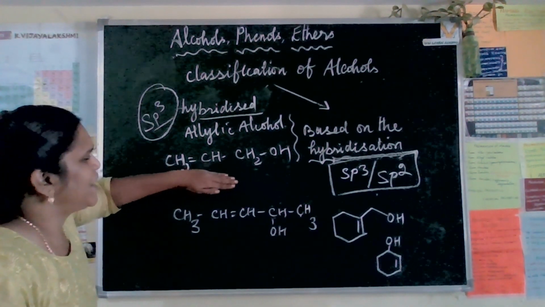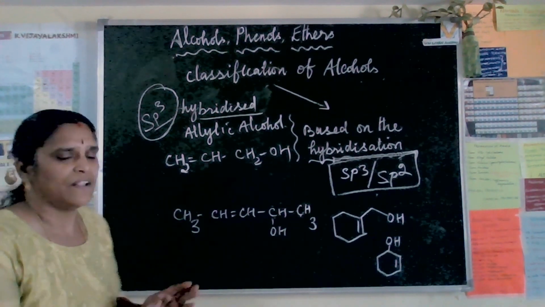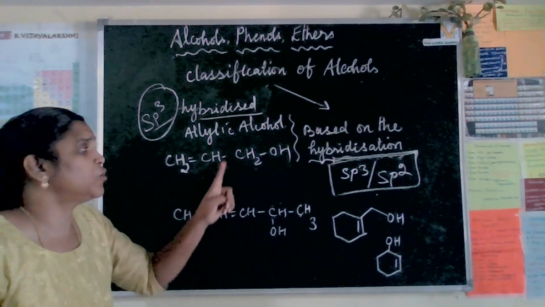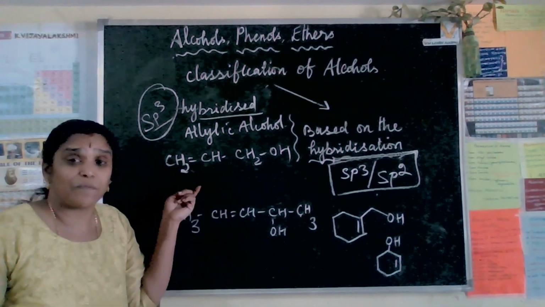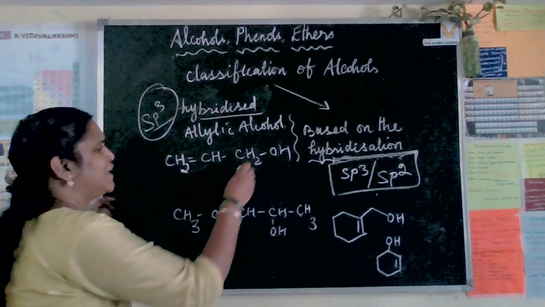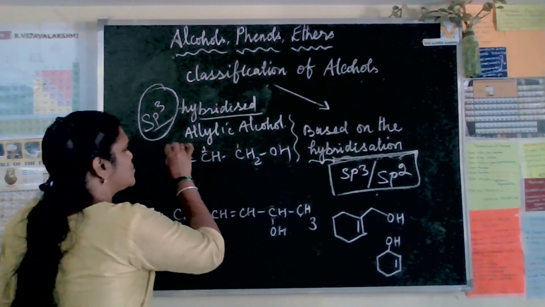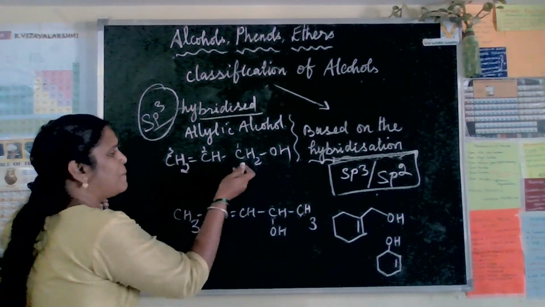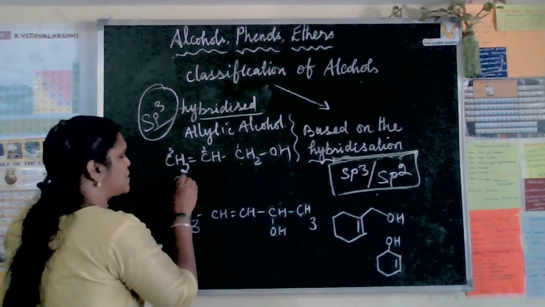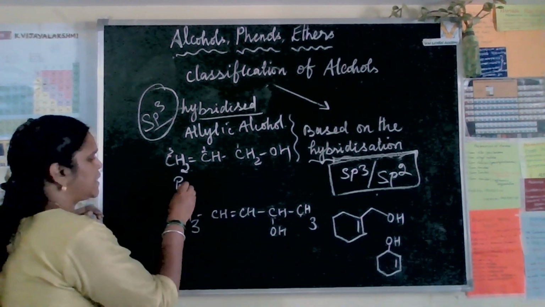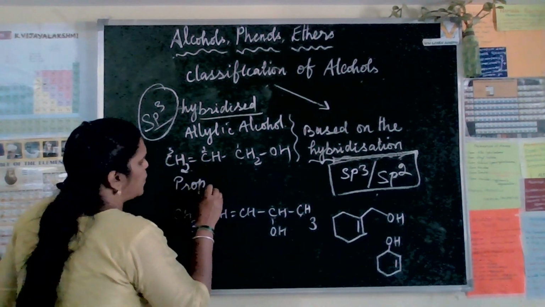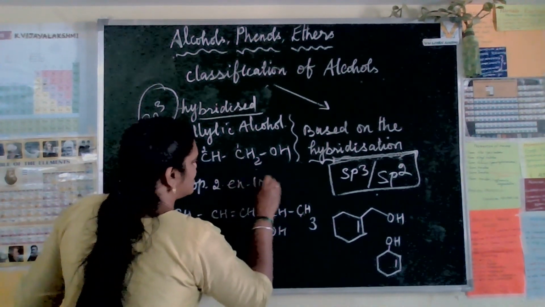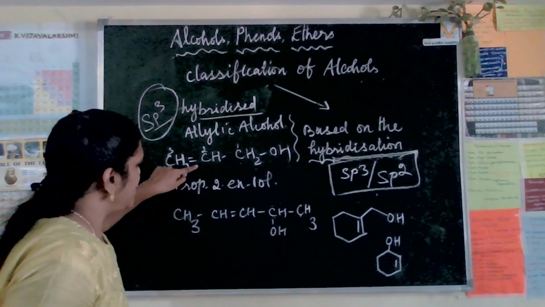Okay, now how to identify the naming? It's very simple. First and foremost, we have to give priority to the functional group. Second, you have to give priority to the double bond. Here, 1, 2, 3: the first carbon is connected with OH, and there are three carbons, so according to the parent name, prop, prop-2-en-1-ol, with the double bond at the second carbon.